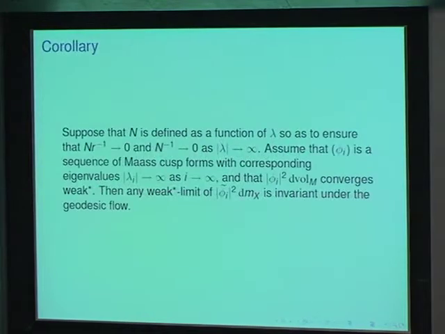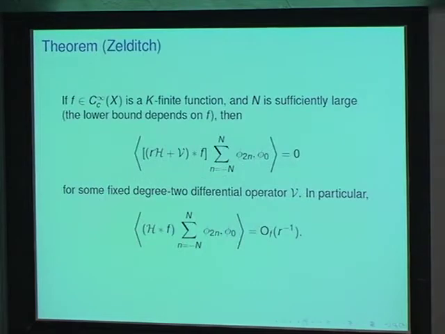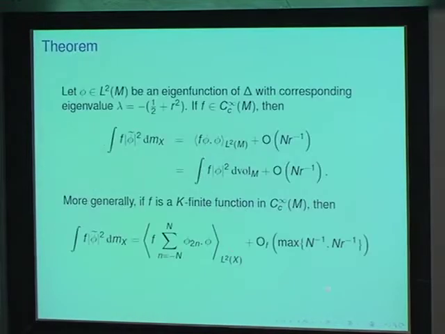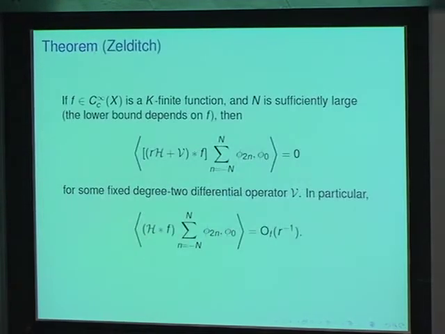If you take the weak star limit now along a sequence, we know that this expression is precisely this expression up to some error, right?